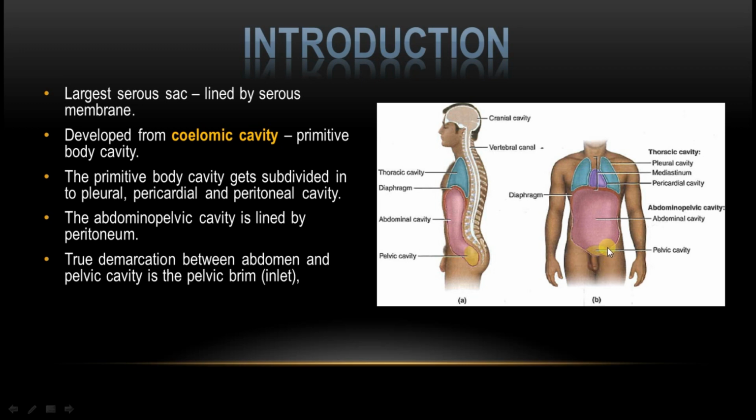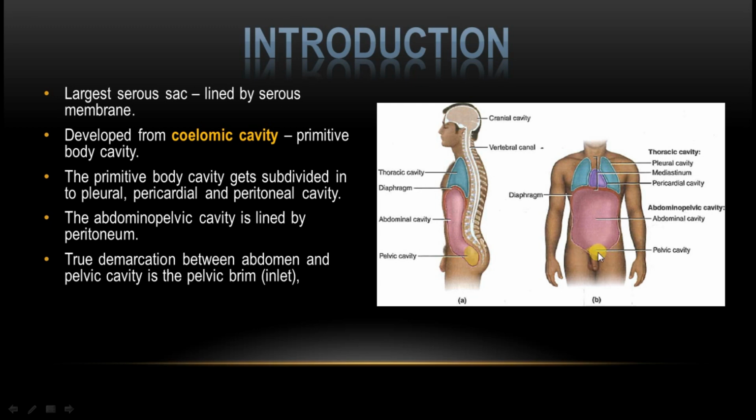So the true pelvic cavity will be bounded behind by the body of the sacrum, and on either side by the hip bone, that is in front by the pubis, and at the sides by the ilium. But anteriorly, it will be deficient, and it will be supplemented by the anterior abdominal wall.